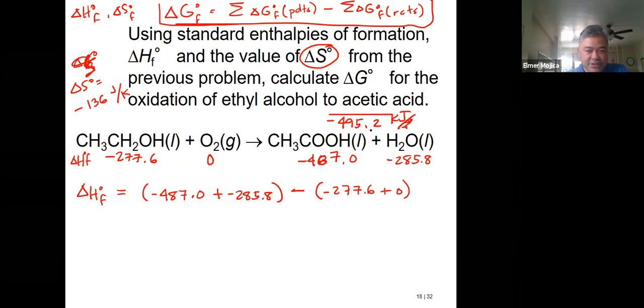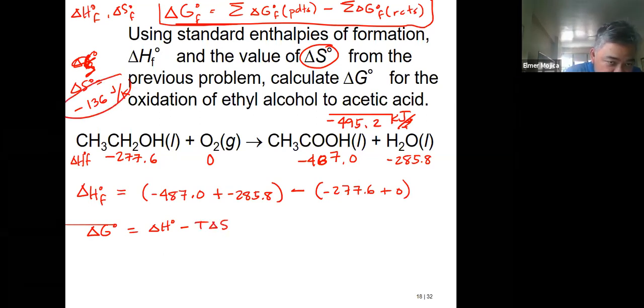The one given here is in kilojoules, and the one that you have there is only in joules. So you're going to use the Granddaddy equation, and you need to convert this to kilojoules. So that just becomes what?